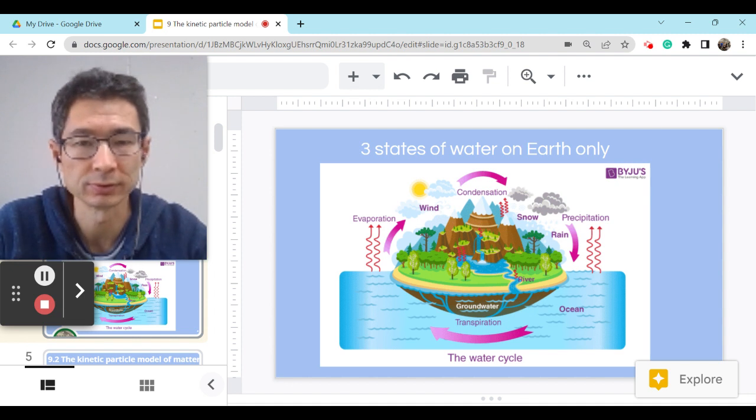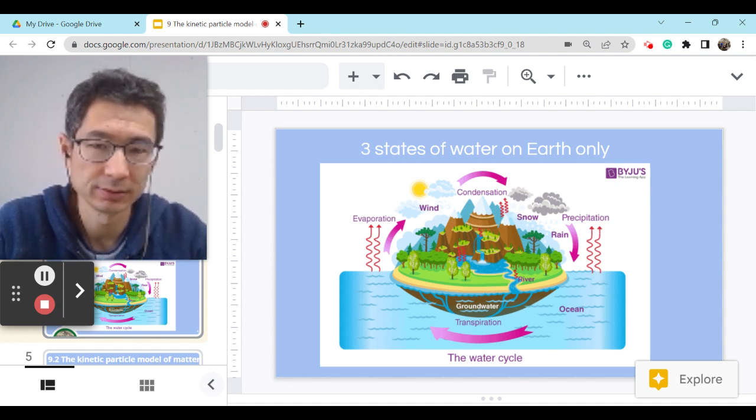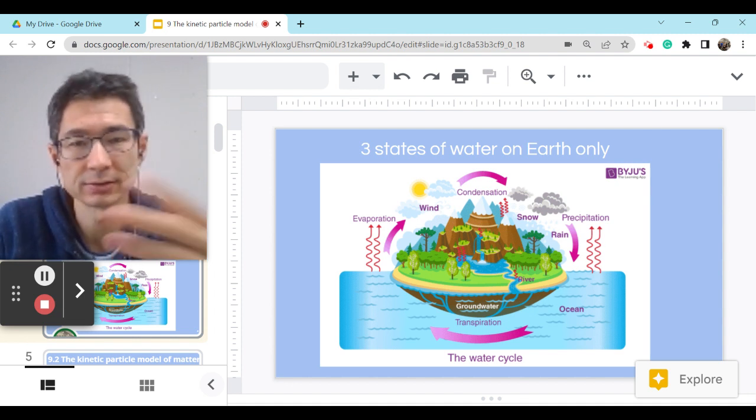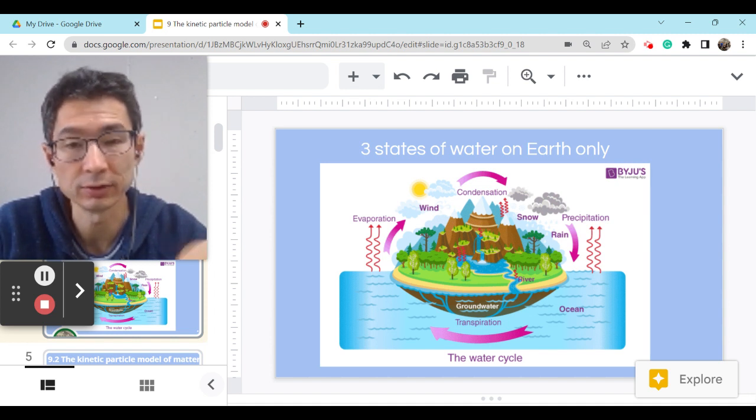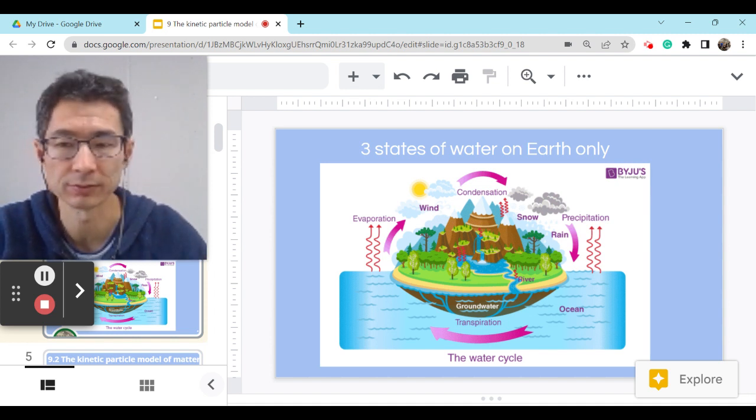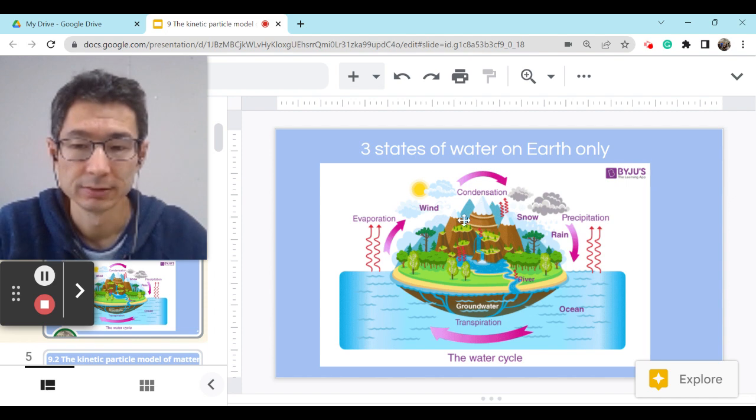So water can be solid, liquid, and gas naturally on our Earth, only on our Earth, right?